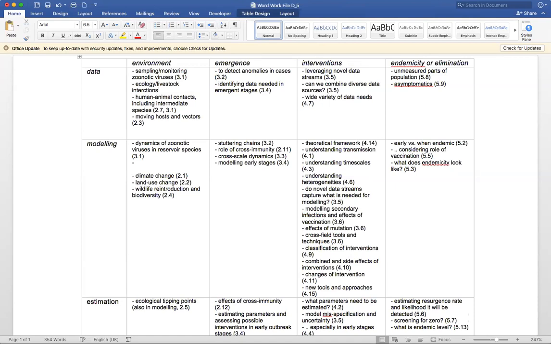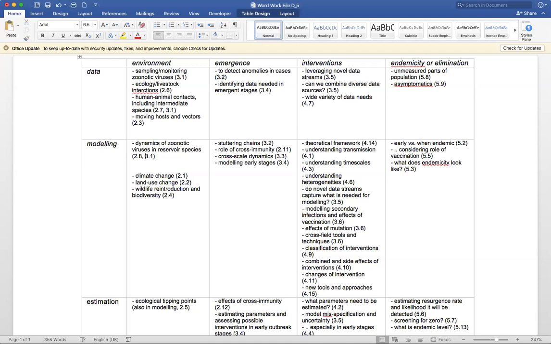Okay. I think the thing to do is get these done, because it's only the beginning of discussion. It's not the virus mutation. Is that not covered by dynamics of zoonotic viruses and reservoir species? Yeah, so I've rejigged them. I'll add it down there, give it a 2.8 as well.